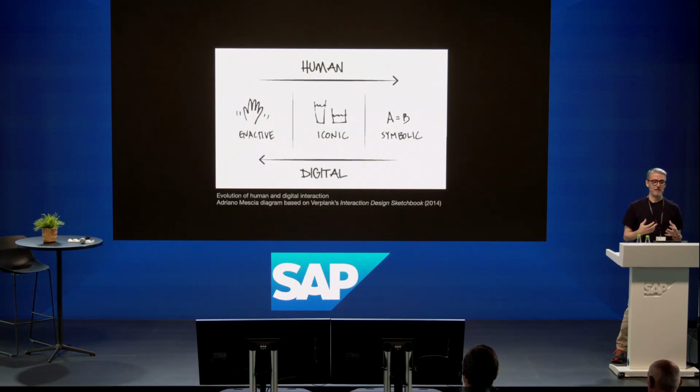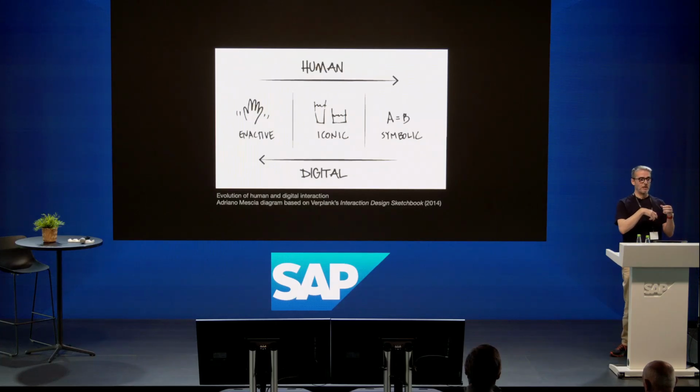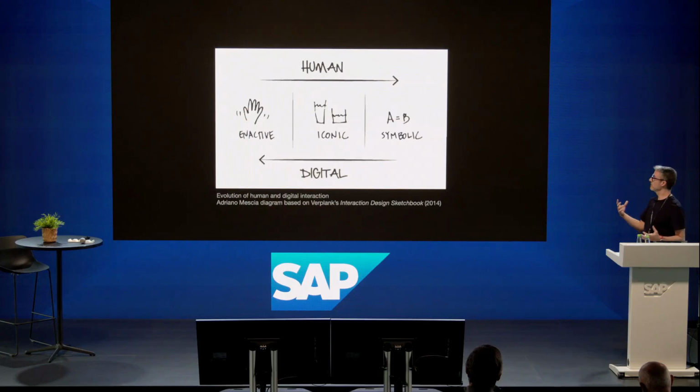And also, Bill Verplank made us remember that the way humans develop is the opposite of the way digital technologies develop. So humans, when we are babies, we need to touch, we need to grasp. We really don't see, we don't understand what's around, so we develop that with time, and then when we are mature enough, we have symbolic thought, and digital technologies work the other way.